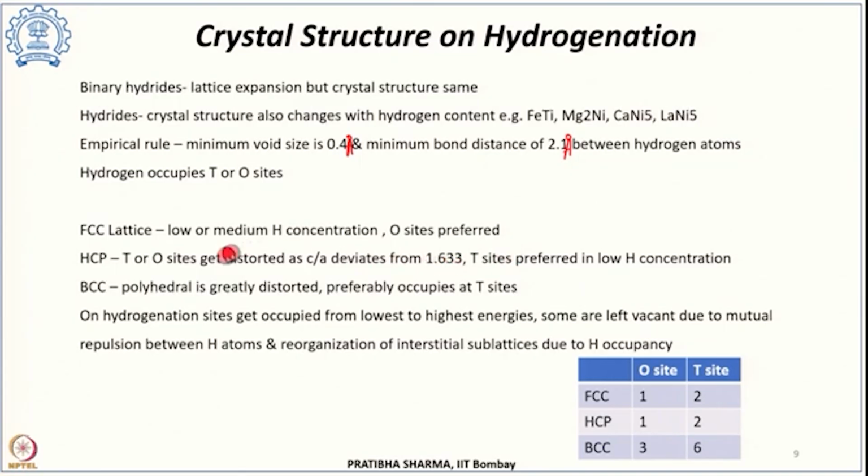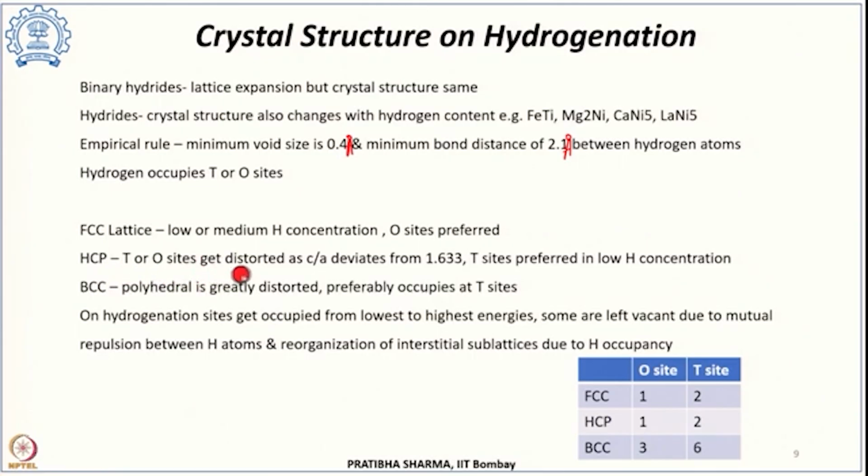If however it is an HCP lattice, then these tetrahedral or octahedral sites are enclosed in a regular polyhedra and that gets distorted.